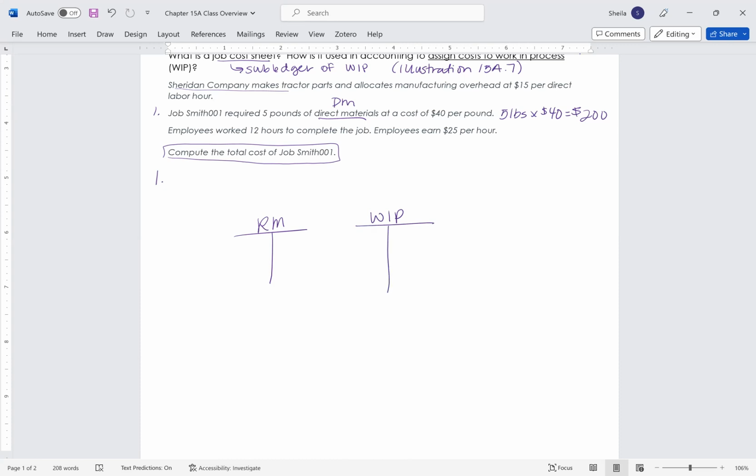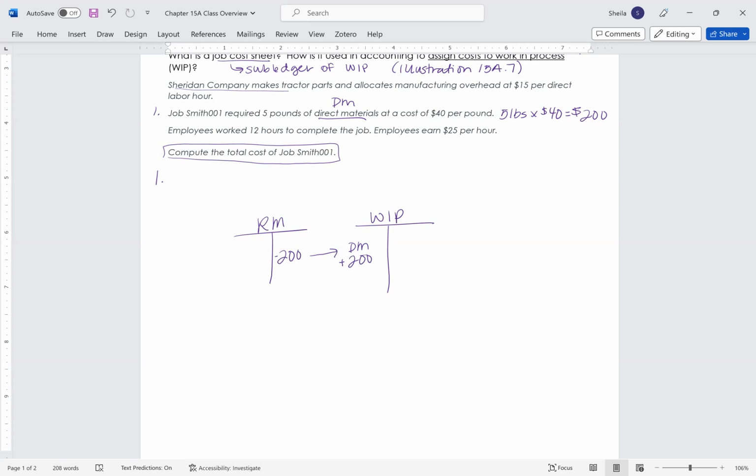So the physical flow of these costs is $200 coming out of raw materials and going into work in process as direct materials.